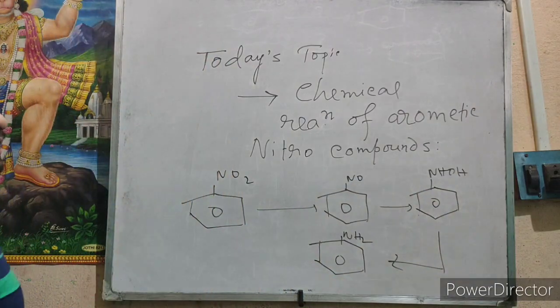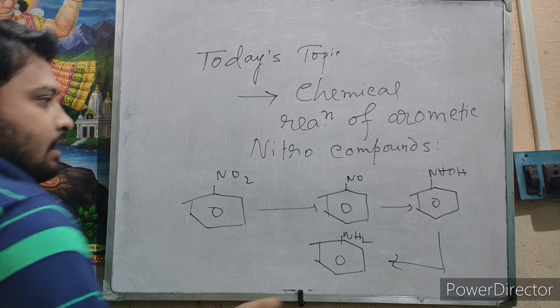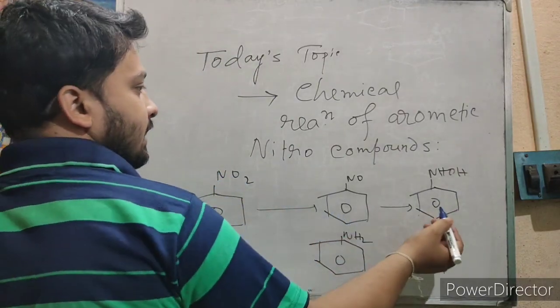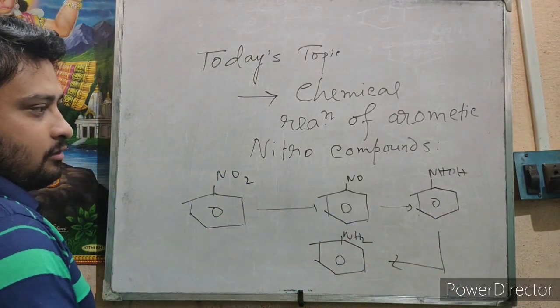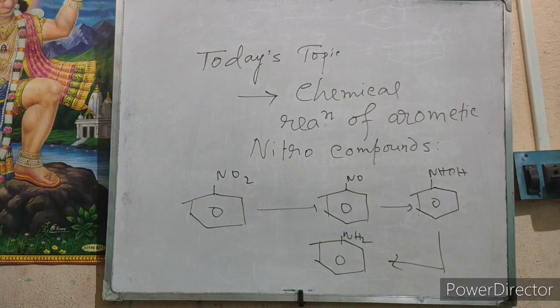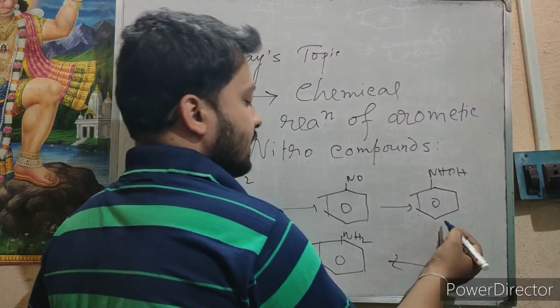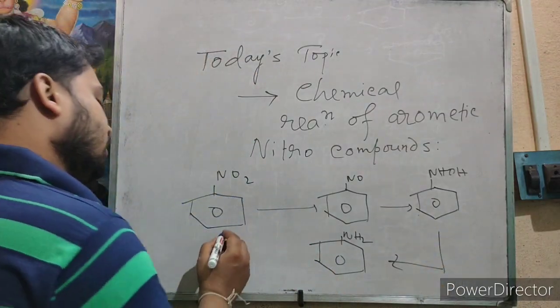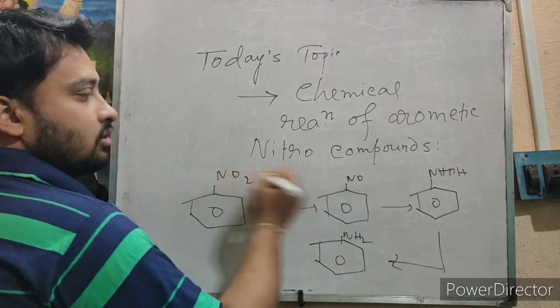So you can prepare nitrobenzene to nitrosobenzene, phenyl hydroxylamine, and aniline. Nitrobenzene, nitrosobenzene, phenyl hydroxylbenzene and this is aniline. So you can prepare by reduction reaction. This is called reduction reaction.